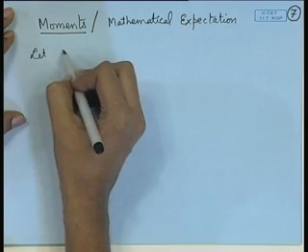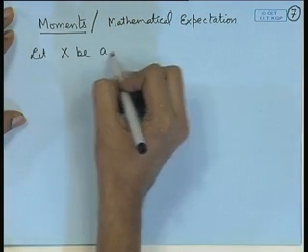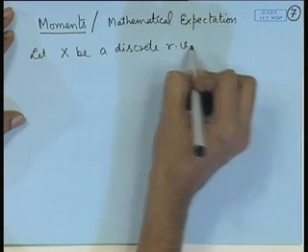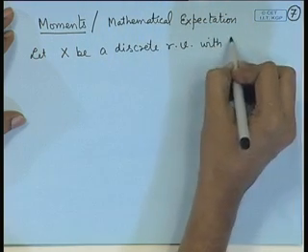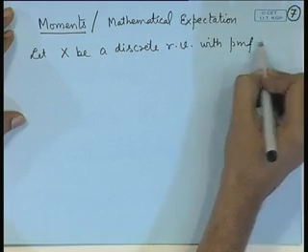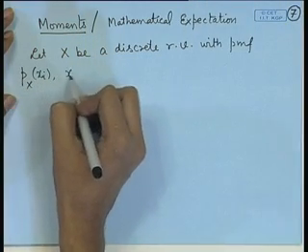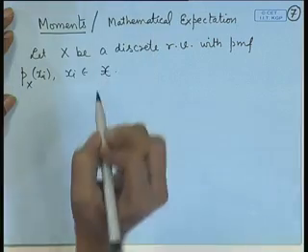Let x be a discrete random variable with probability mass function, say Px xi for xi belonging to some set x.